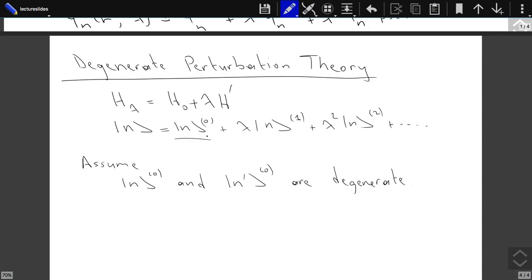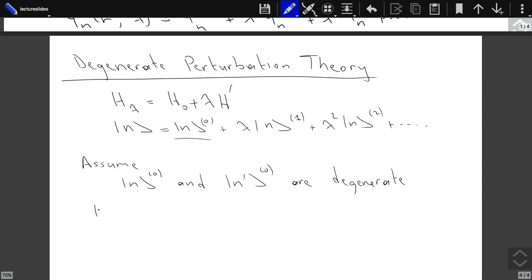In the previous, non-degenerate case, there was this single state, and we knew that this perturbed state, when we turn off lambda, goes into this unperturbed state. But in the degenerate case, we don't really know what the state is. It can be this one, or any combination of those two. So that is the thing we have to take into account.